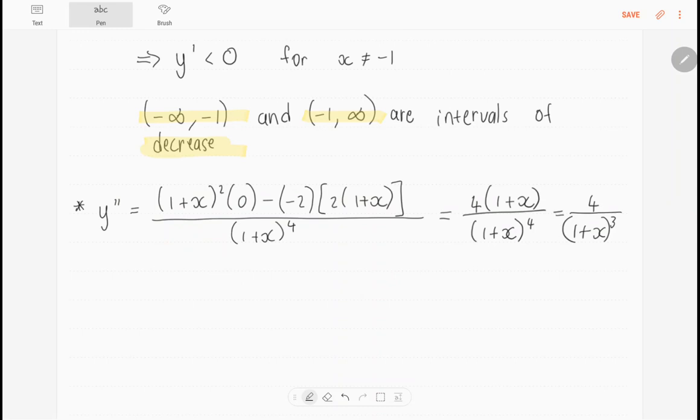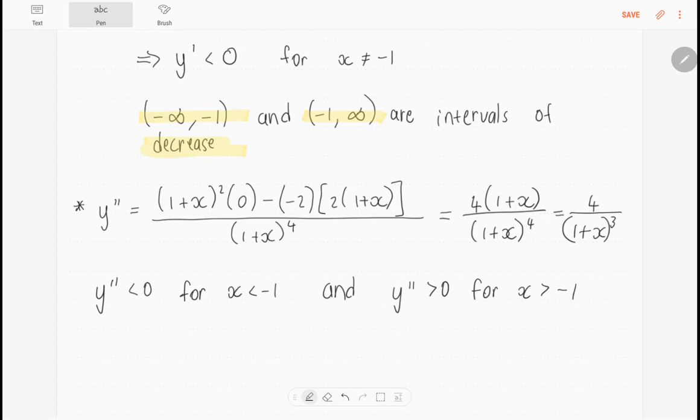Our denominator, however, is going to be negative if x is less than minus 1 and positive if x is greater than minus 1. So our second derivative is going to be negative for x less than minus 1, and our second derivative is going to be positive for x greater than minus 1.